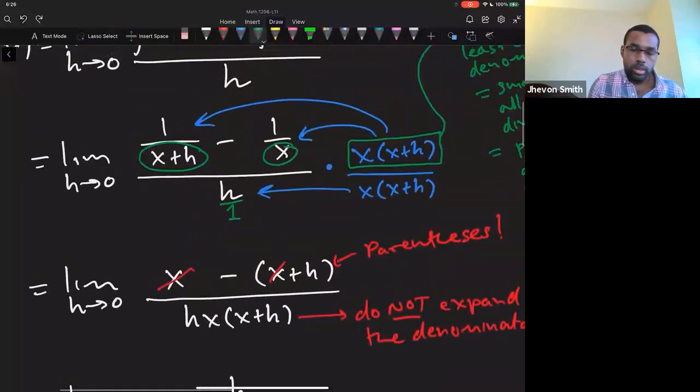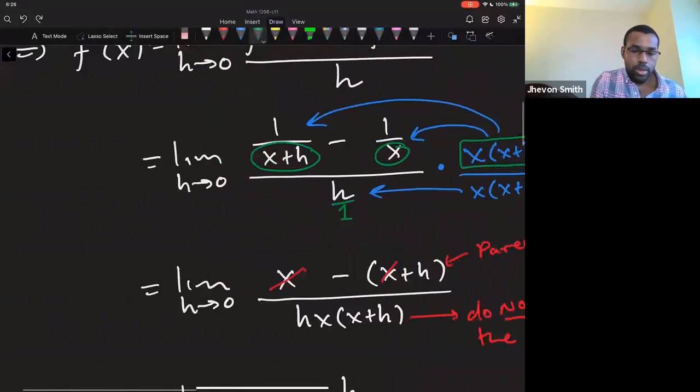Now over here, if I were to have the 1 over x plus h, and I multiply that by x times x plus h, which is the LCD, this guy will cancel. And so we're only left with an x.